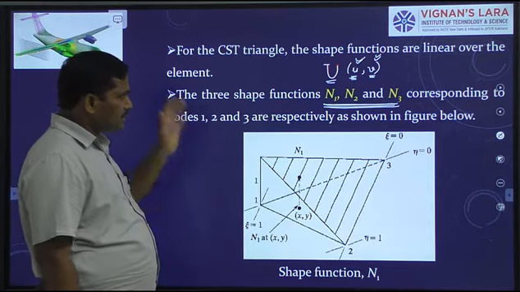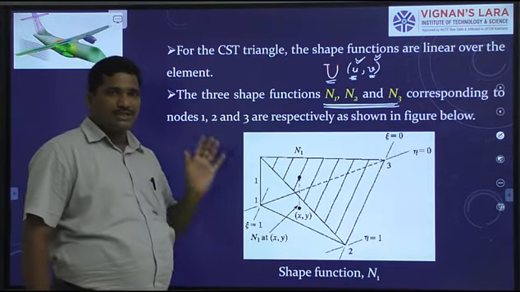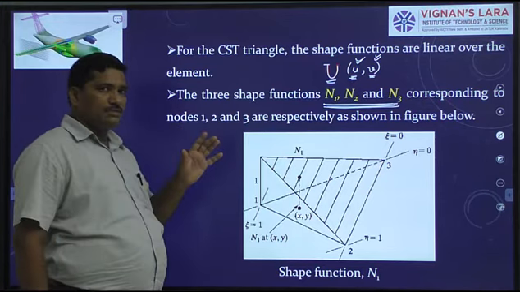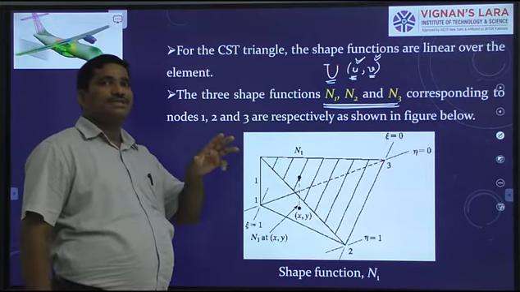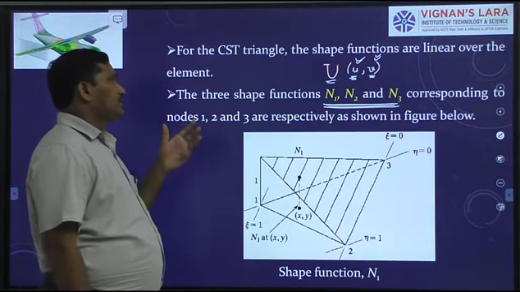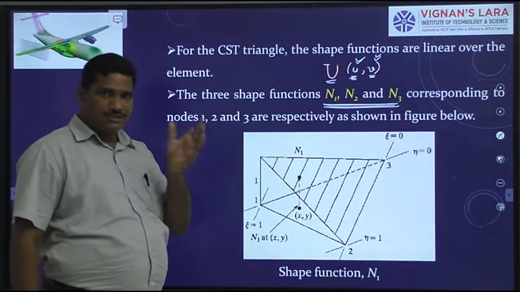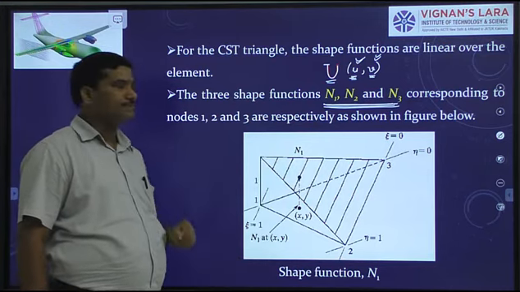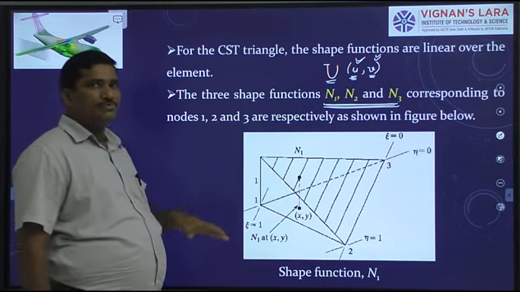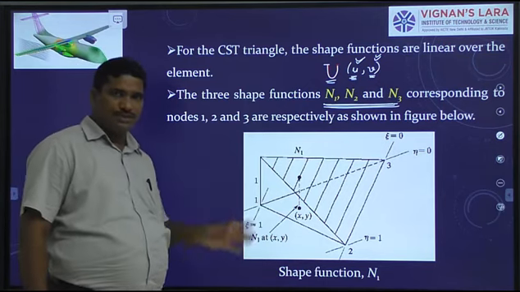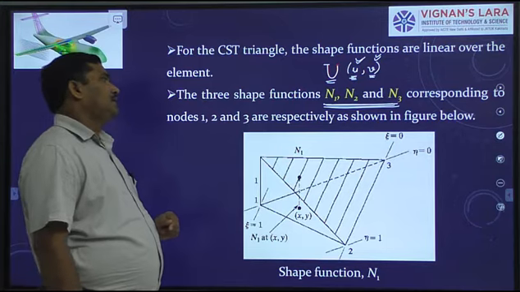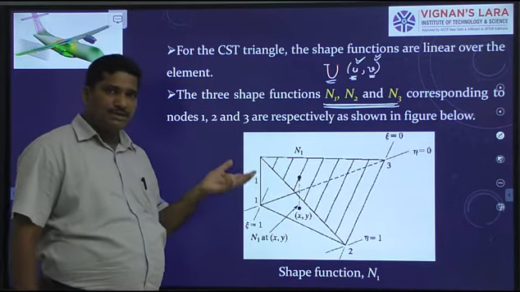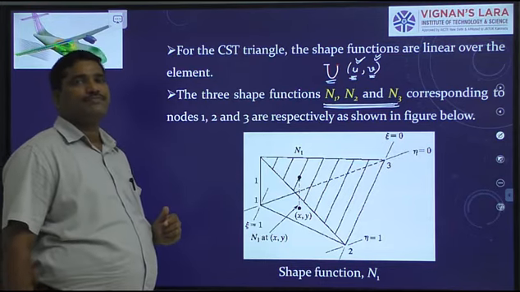Dear students, in this particular class, what we have discussed, we have known about the constant strain triangle. It is also called as a linear displacement triangle. It has 3 nodes and 3 straight sides. We have seen the finite element modeling of a 2-dimensional domain, and we have discussed about the element and node connectivity details.